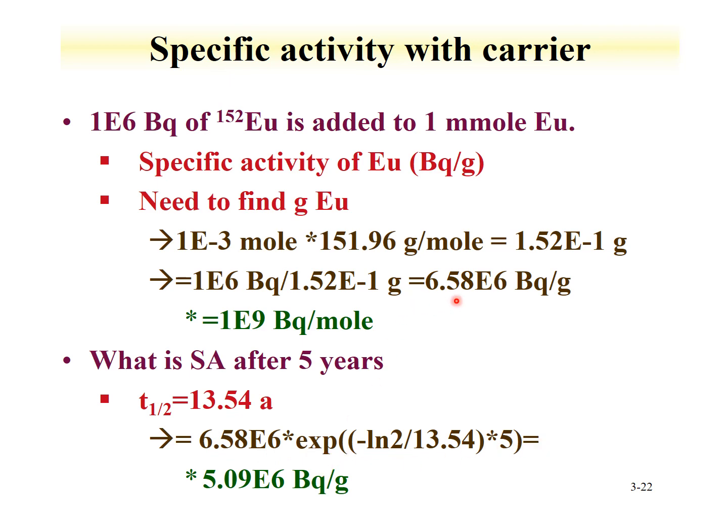So in terms of becquerels per gram, in 5 years, it would go from 6.58 × 10⁶ becquerels per gram to 5.09 × 10⁶ becquerels per gram. So you do need to consider any changes in activity that would occur with your carrier and specific activity due to the half-life of the isotope that you're adding.